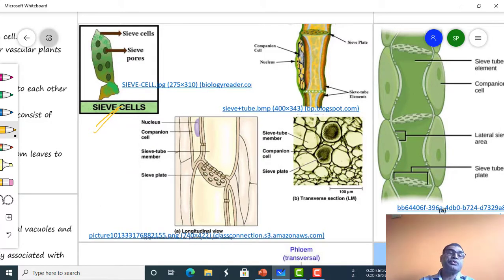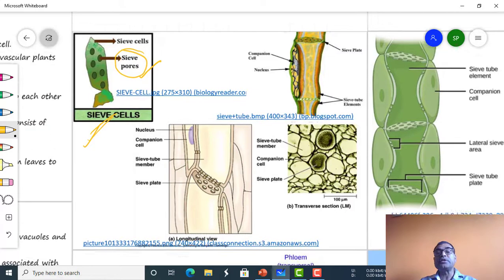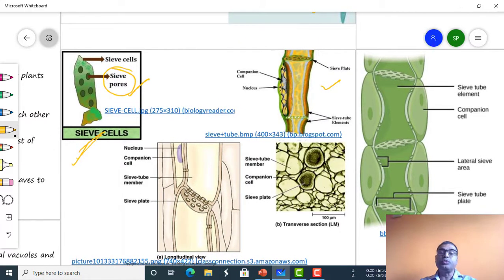So these are the sieve cells which show sieve pores; narrow and elongated structures are usually present, while this one is a sieve tube. Sieve tube shows end to end arrangement, and it is actually a vessel-like element. This is a sieve tube.